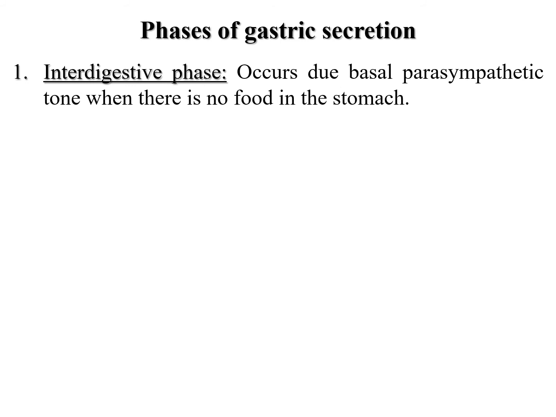During the interdigestive phase, whatever gastric secretion occurs is controlled by the basal parasympathetic tone, and the character of that secretion is mainly watery with bicarbonates. Very little acid and pepsin secretion occurs during the interdigestive phase.